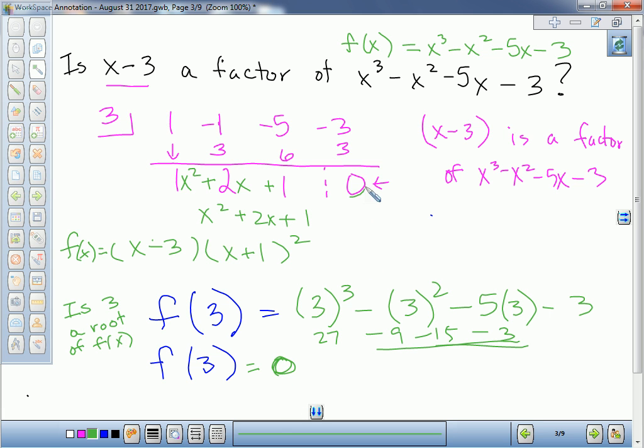The same thing as this one. This means if I did synthetic division, my remainder would be 0. When I evaluate this function for 3, I get out 0. If I get out 0, that tells me it's an x-intercept. It is a root of the function. So yes, it is a root.